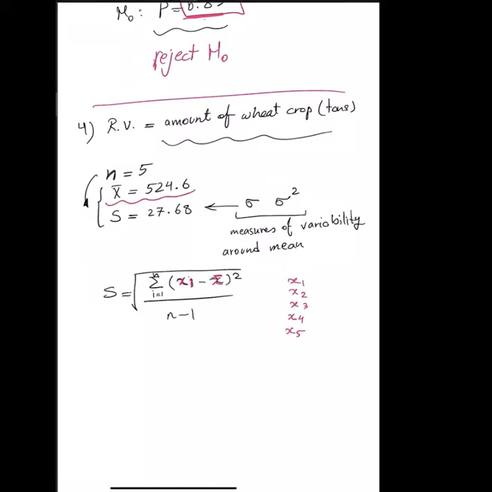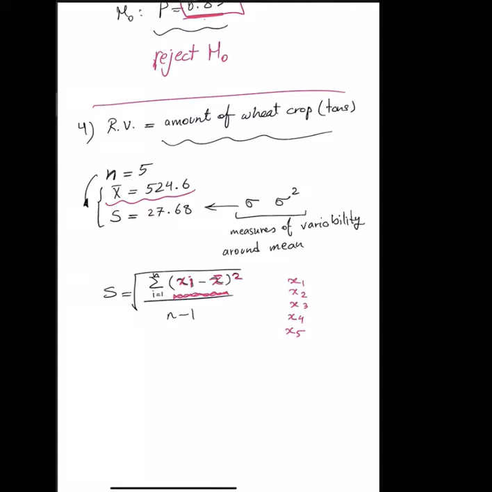So basically when I say spread around the mean, as you can see here, what you are measuring is how far each one of your numbers is from the mean. And then you raise them to the power of 2, because all that is important for you is how far I am from the mean. I don't care if I'm smaller than mean or larger than mean. As far as the numbers in your sample are far from the mean, that shows there is a lot of variability around the mean in your sample.